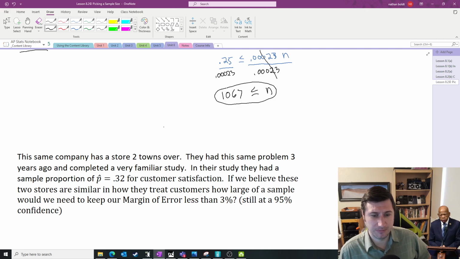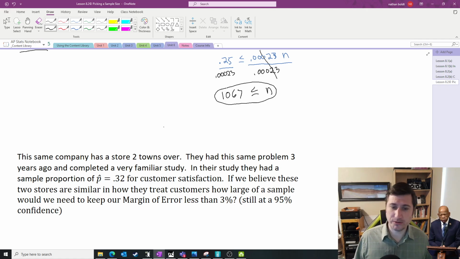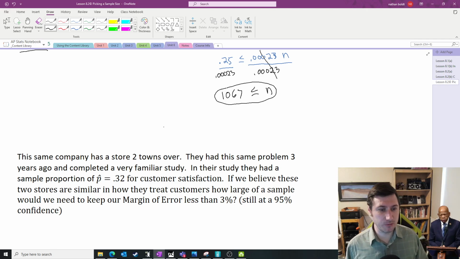In their study, they had a sample proportion of p hat is equal to 0.32, so 32%. If we believe these 2 stores are similar in how they treat customers, how large of a sample would we need to keep our margin of error less than 3%? Still at a 95% confidence, though.